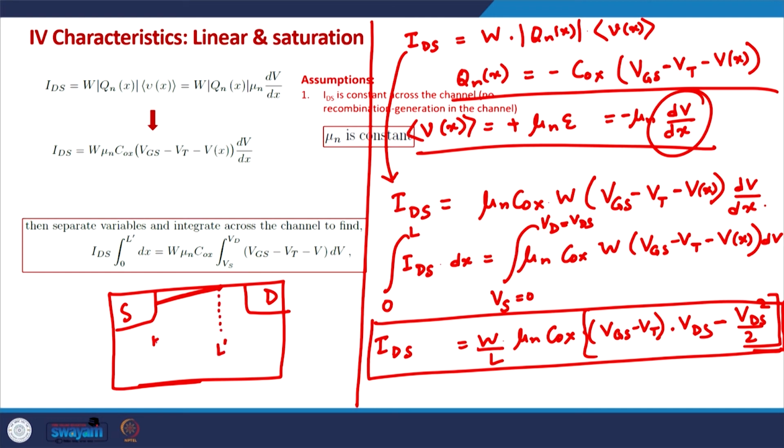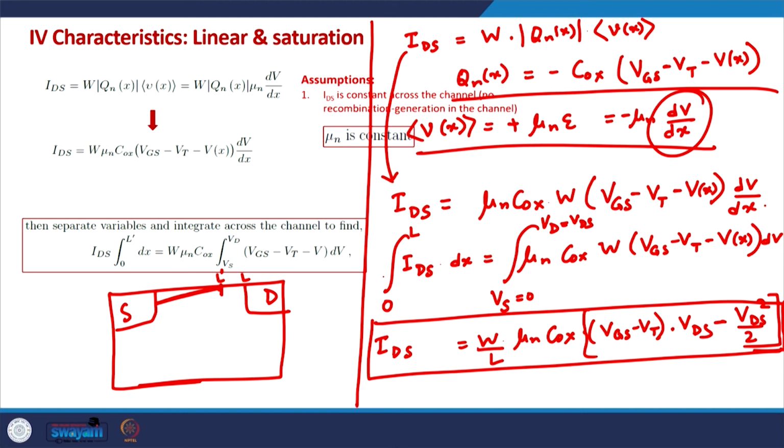The total length is L, this is L, this is L prime. The channel will terminate at L prime because of the drain voltage. Okay. So, in this case the voltage here is VGS minus VT, the drain voltage here is VGS minus VT.